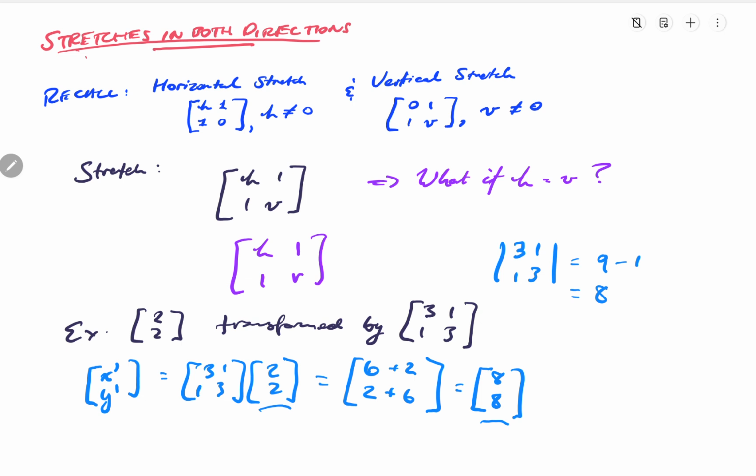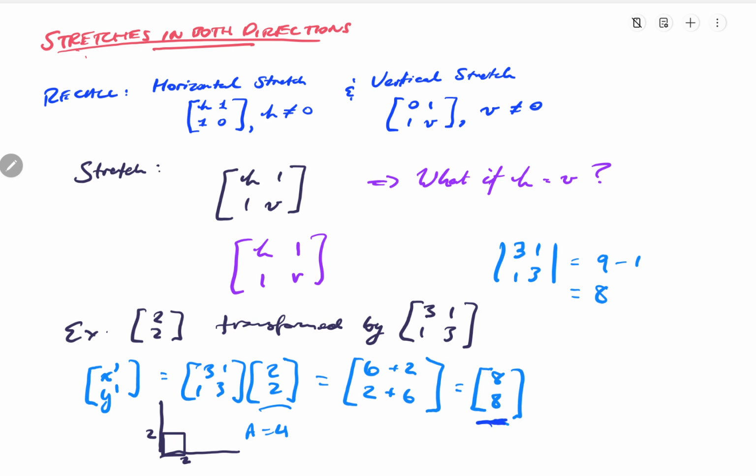So if we look at it graphically, let's say this was 2 and 2, and then the area would be 4. And then we had our output, 8 by 8.